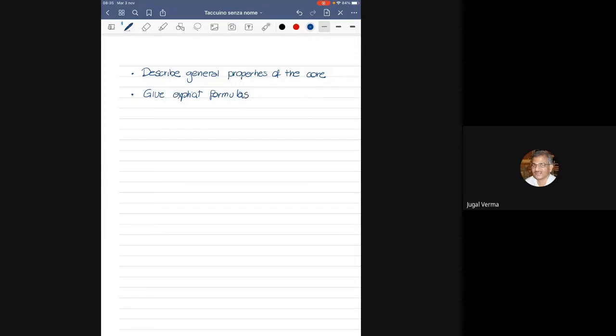Obviously, explicit formulas are extremely important exactly because the core is so mysterious, because there's an infinite intersection. And now, I will also try to explain how the core is related to the Rees ring, and I hope I'll do that. And also when it is integrally closed, and what is the relation with the adjoint. So I would like to achieve this during this talk, if I can, by the end of the talk.